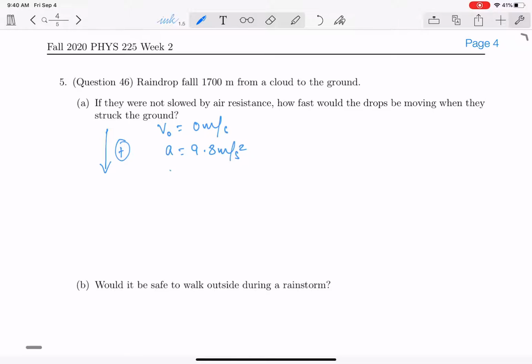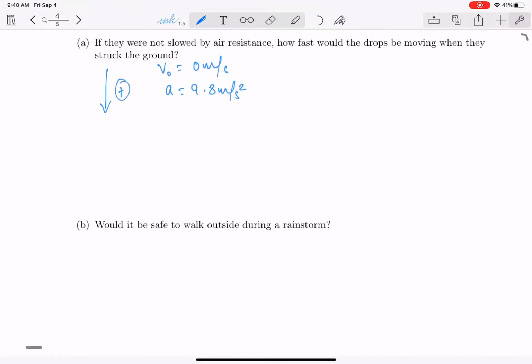We know our y final minus y initial, which is the change in y, is positive because we chose down to be positive. That is 1700 meters. So we use this equation, v squared equals v initial squared plus 2a change in y.